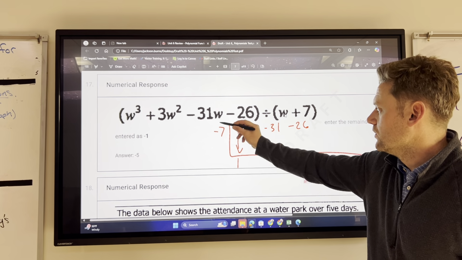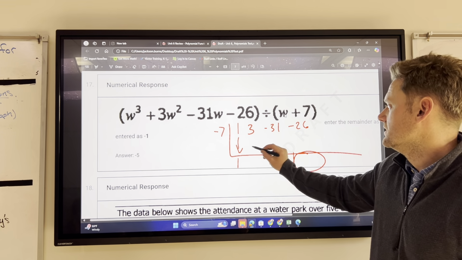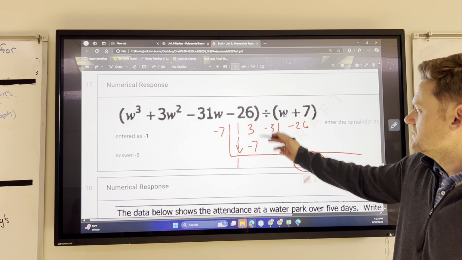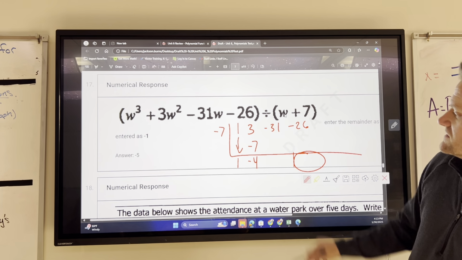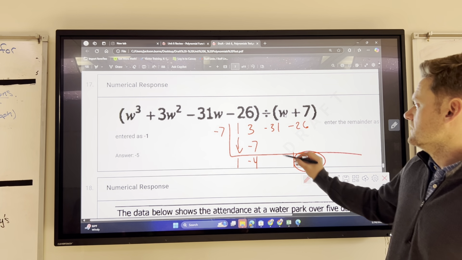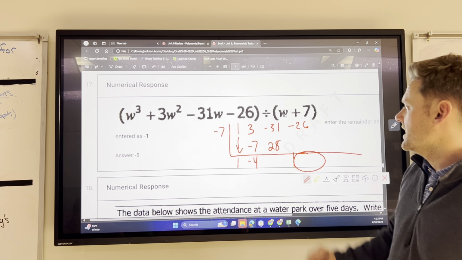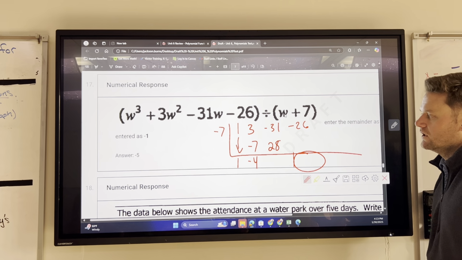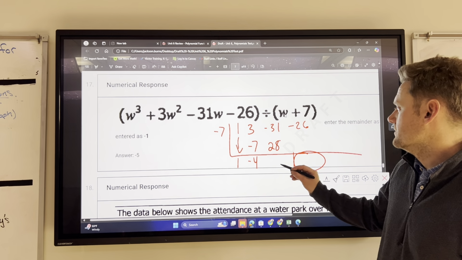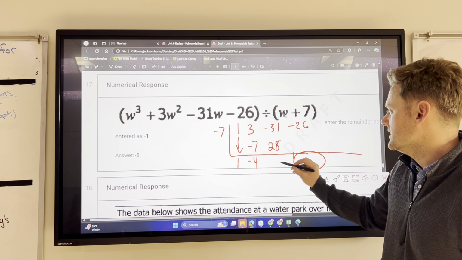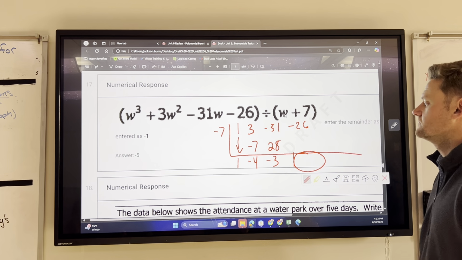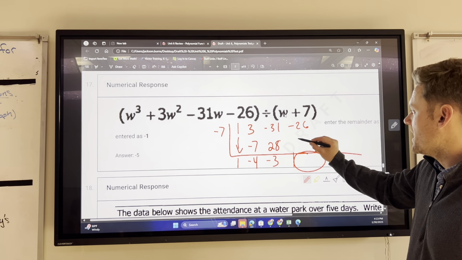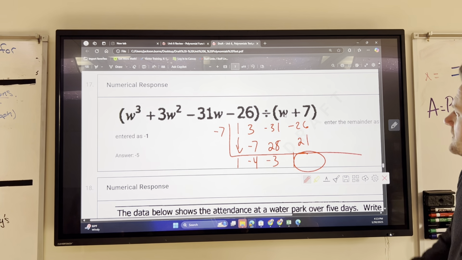So I pull down the 1, negative 7 times 1 is negative 7. 3 plus negative 7 is negative 4. Negative 7 times negative 4 is a positive 28. Negative 31 plus 28 is a negative 3. Negative 7 times negative 3 is a positive 21.